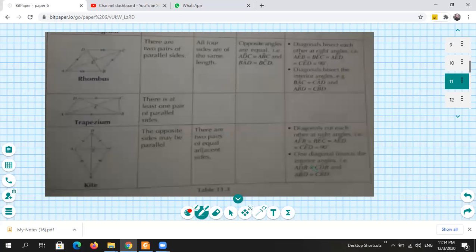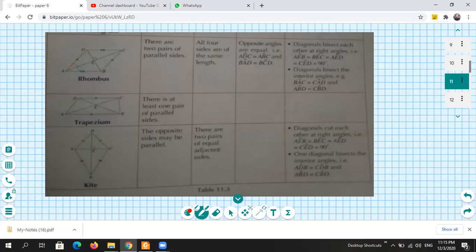Next quadrilaterals are rhombus, trapezium, and kite. So, what is a rhombus? A rhombus is similar to the parallelogram, but in a parallelogram only opposite sides are equal, whereas in a rhombus all the sides are equal, and the angle between the adjacent sides is not equal to 90 degrees, like we have seen in the square.